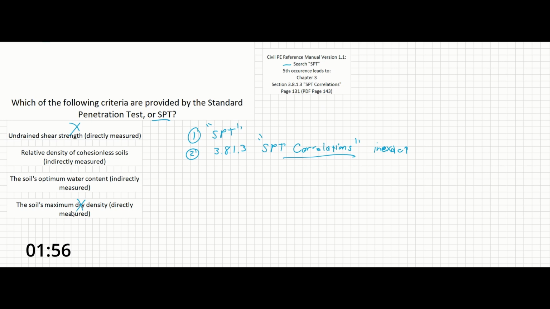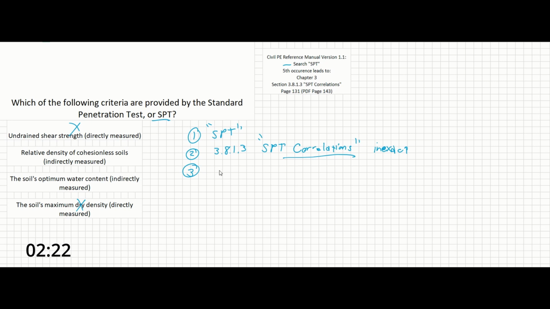The next thing we could look at is the SPT table on page 131 of the reference manual in section 3.8.1.3. We can see that one of the terms in the field includes the term relative density in the table about sands.